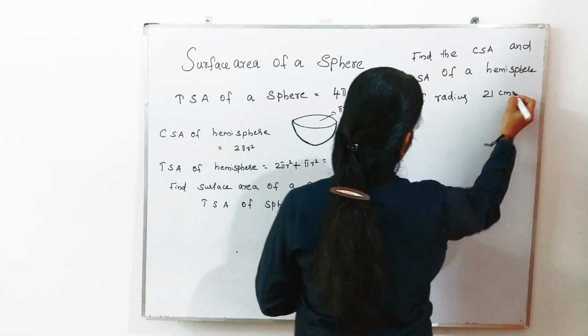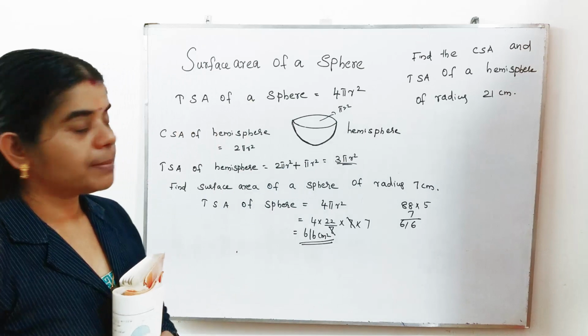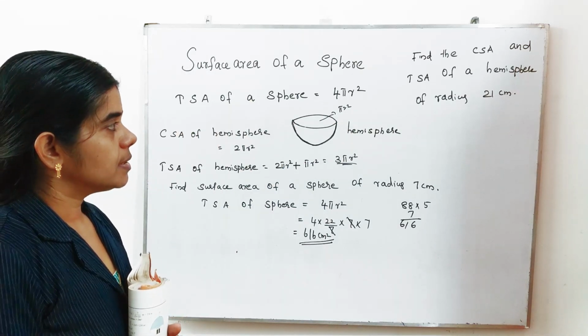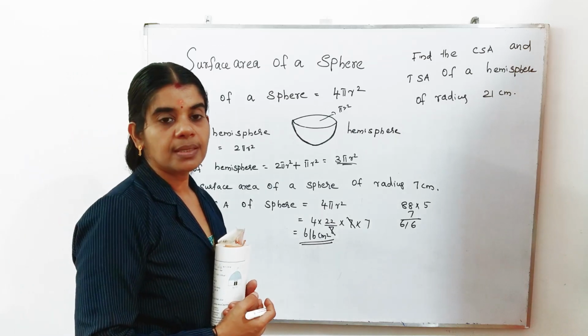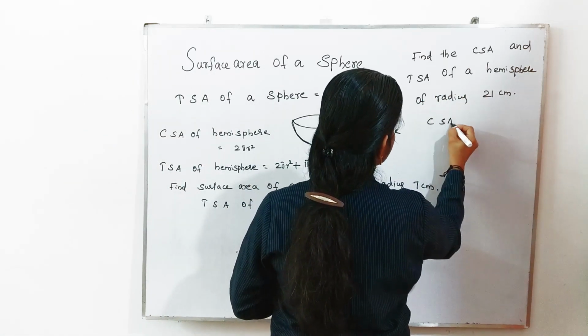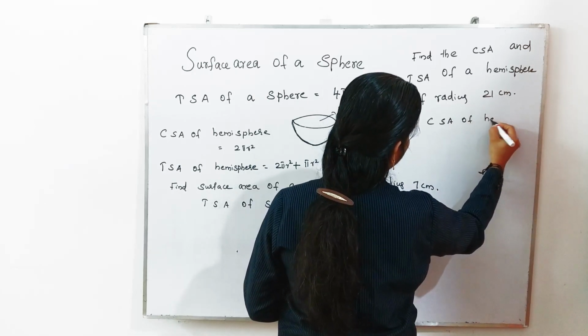Here we want to find out for the hemisphere. So we can find out TSA and CSA also. First we can find out CSA of hemisphere.